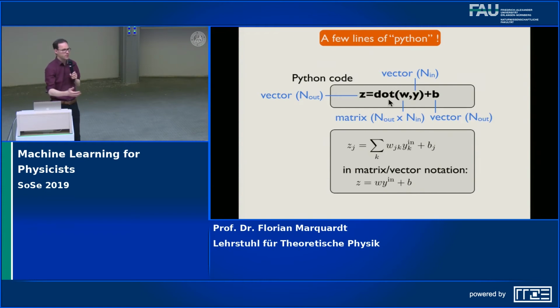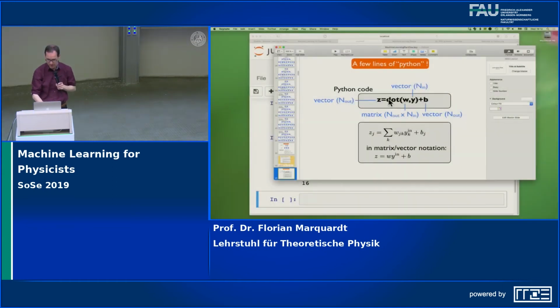The dot reminds you of the dot product, which is the scalar product between two vectors, but here it's more generally also applied to, say, doing a matrix vector multiplication or maybe even a matrix-matrix multiplication. So this is the simple Python code. Instead of programming any for loop, you really just literally write this down. But I haven't yet shown you, for example, how to initialize these matrices and vectors, and so that's what I want to do now.